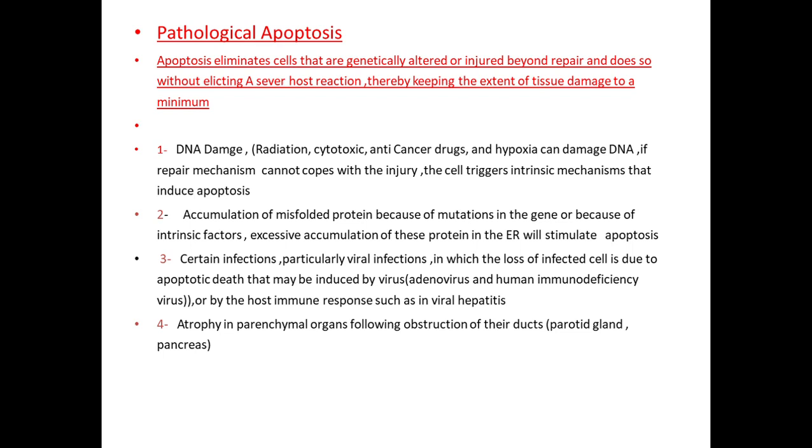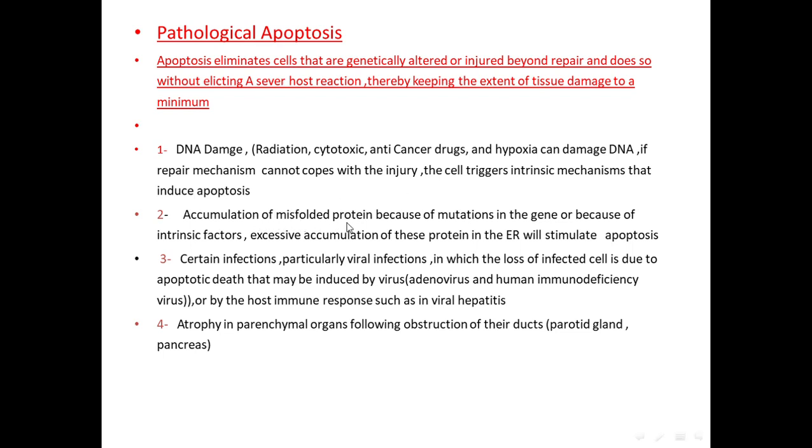Examples of pathological apoptosis: DNA damage following radiation, cytotoxic anti-cancer drugs, and hypoxia. Hypoxia can damage DNA, and if the repair mechanism cannot cope with the injury, the cell triggers intrinsic mechanisms that induce apoptosis.